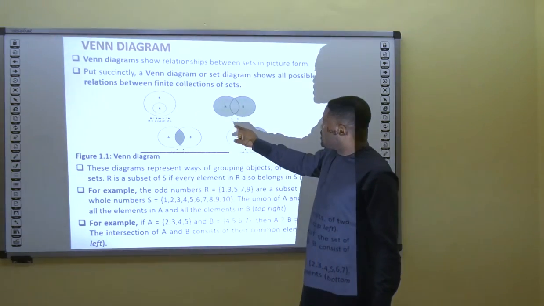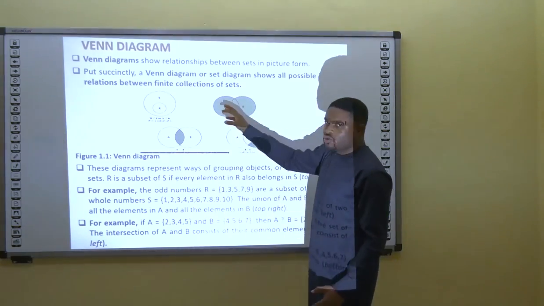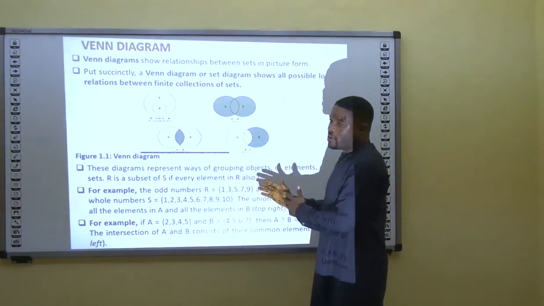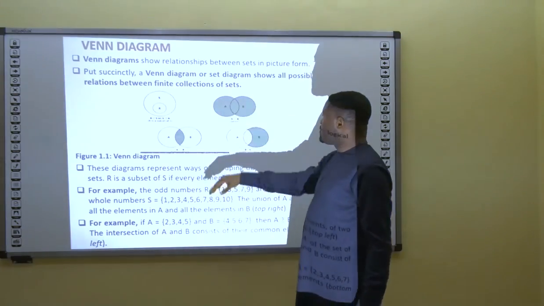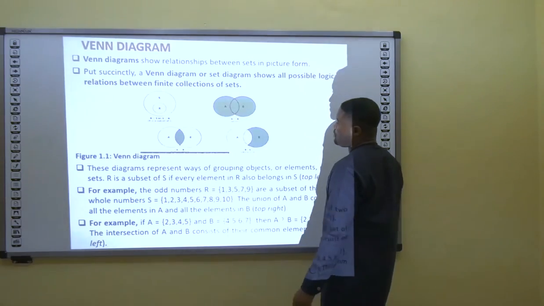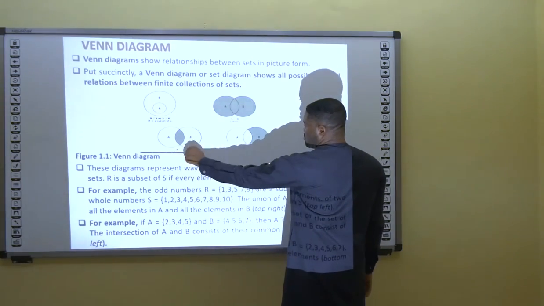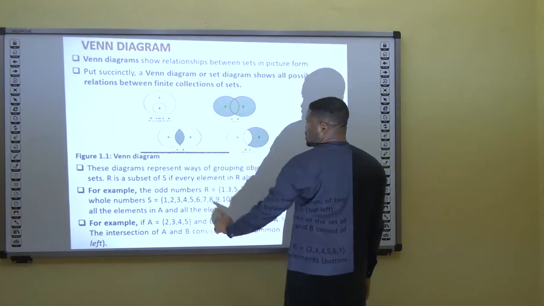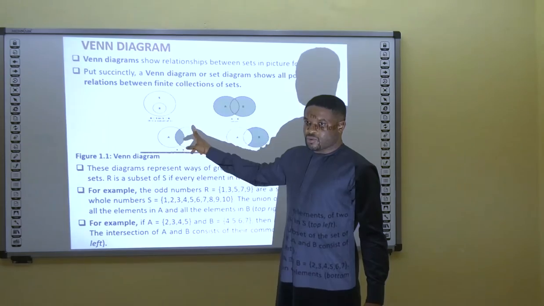Now this one says A ∪ B, meaning the union of A and B. When you talk about union, we're just saying an addition of both sets A and B. Then when you talk of A with a symbol that looks like an upside-down U, ∩, B, it's just looking at the common elements within the two sets.